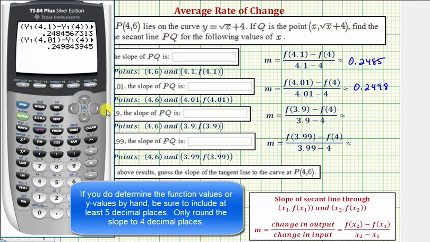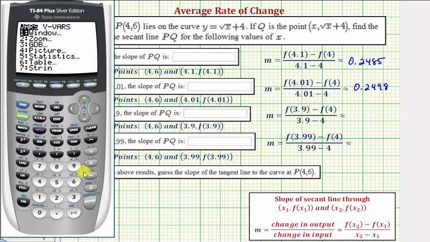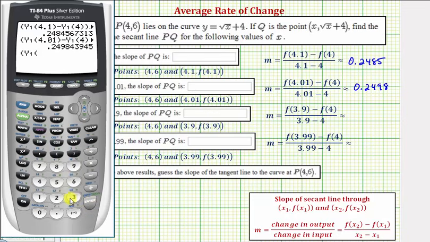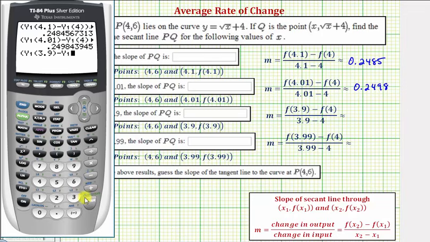For our next slope, we're going to have, in parentheses, Y1 of 3.9, VARS, right arrow, enter, enter, in parentheses, 3.9, and then minus Y1 of 4, another close parenthesis for the numerator, and then divided by, in parentheses, 3.9 minus 4, close parenthesis, enter. To 4 decimal places, we have approximately 0.2516.